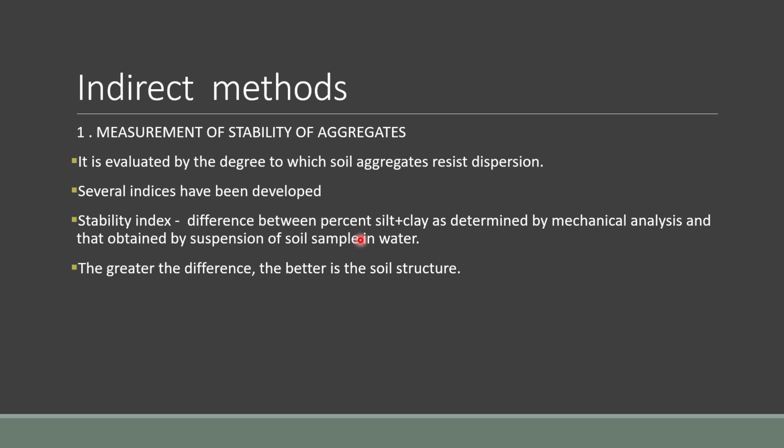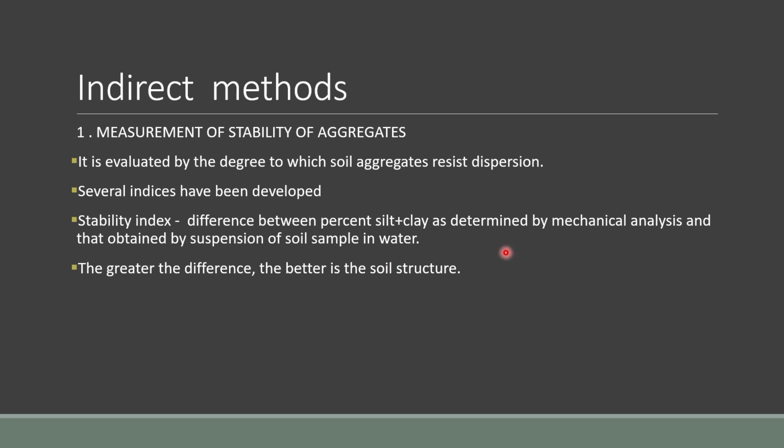By mechanical analysis, we see the percentage of silt and clay present in the soil. By putting the soil sample in water and allowing it to form a suspension, we can see how much silt and clay is present.